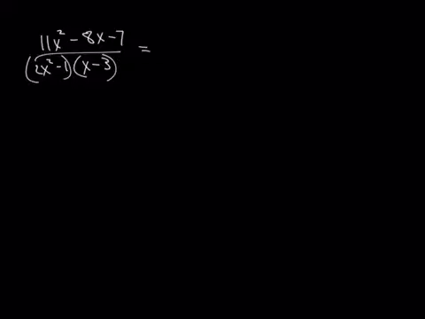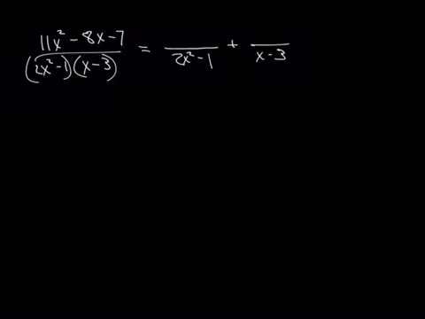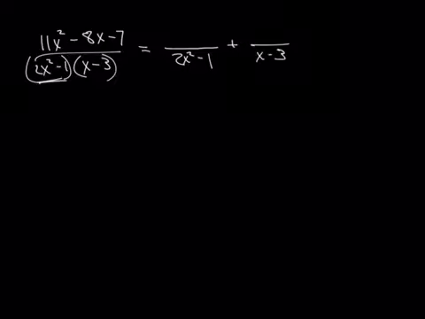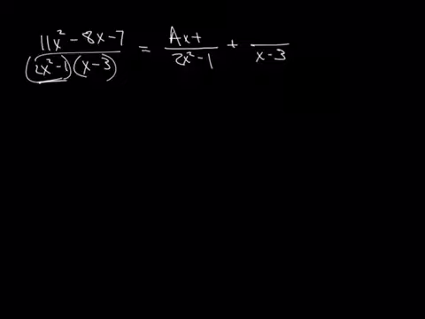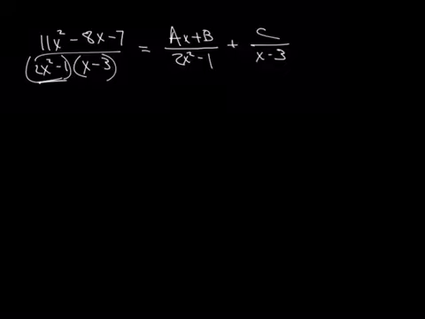This is going to equal 2x squared minus 1. Okay. Now when you have something like that, where you have an exponent of 2 here and then not an exponent here, what we're going to do is we're going to write that as ax plus b, and then put a c there.